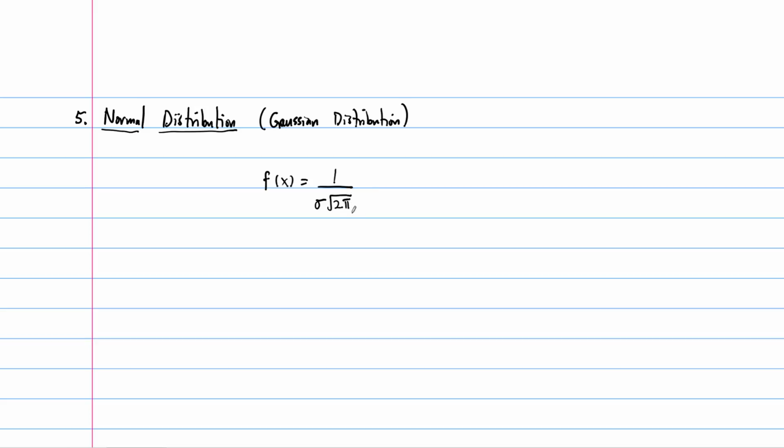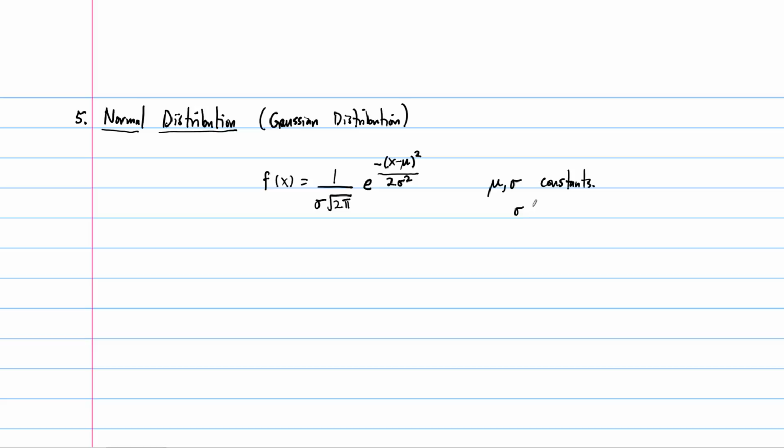That's just a number, right? We know what that is. Times e to the power, and now the power is going to be minus x minus mu, this mu is just a symbol right now, but it's going to turn out that that becomes the mean. This is all over 2 sigma squared. So here, mu and sigma are constants.